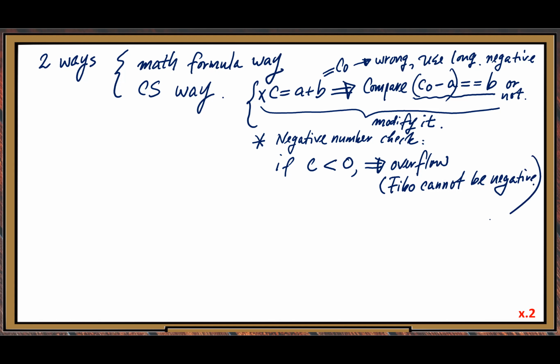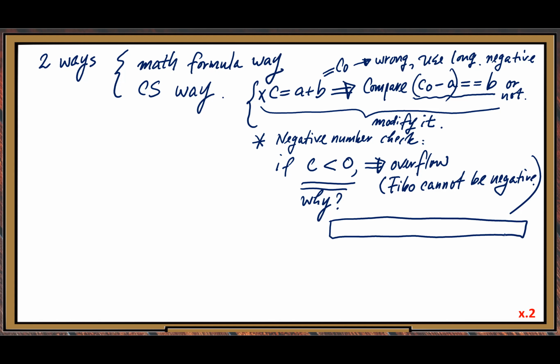And you may ask, some of the students, why it could be negative. So let me explain why it could be negative. That part is very easy. Here we consider using long integer. Long integer is 64 bits to represent, 8 bytes.